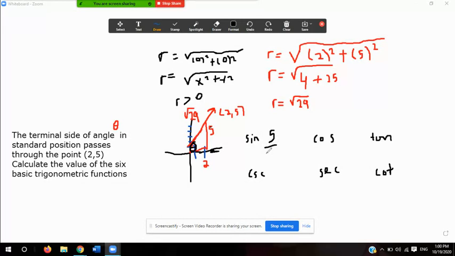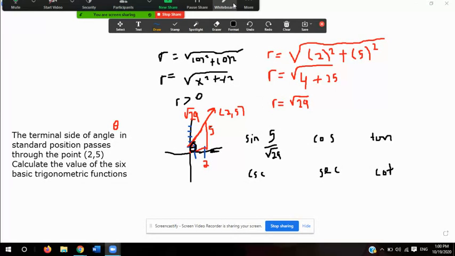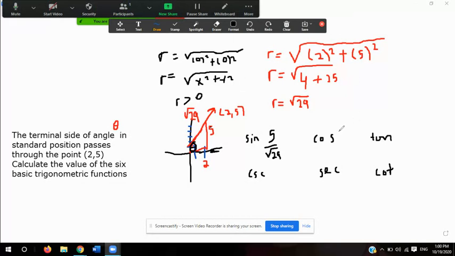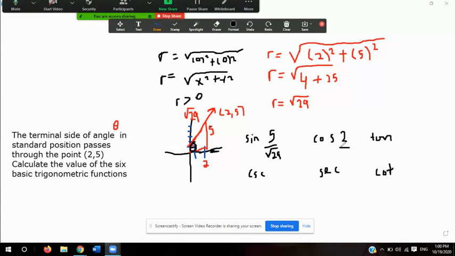And then later we're going to rationalize those denominators. And of course, the cosine would be 2 over the square root of 29, because 2 is the closest to angle z.